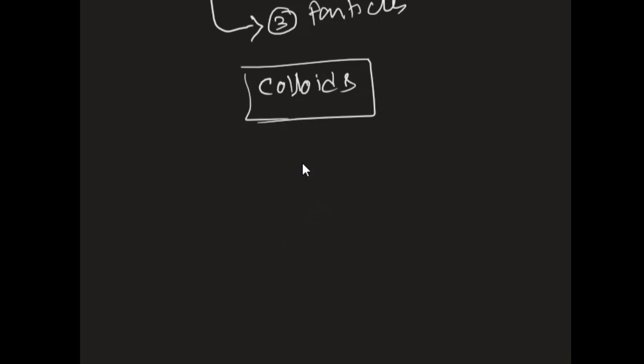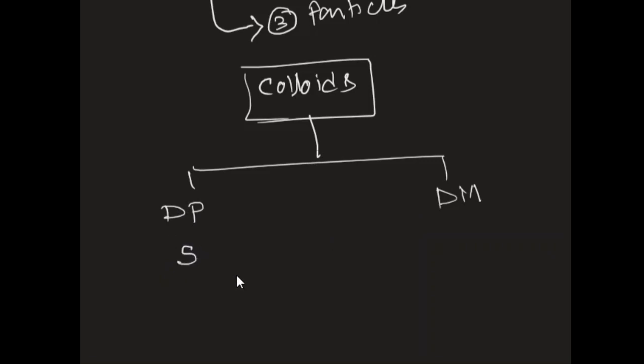So now we have once again the dispersed phase and dispersion medium. Now when the dispersed phase is solid, and the dispersion medium is also solid, then it is called solid sol.